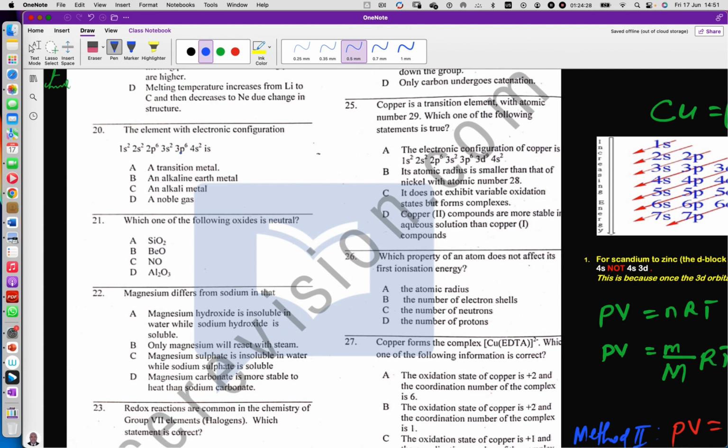So the atomic radius of nickel, 28, will be larger than that of copper, 29. Atomic radius is decreasing across the transition.